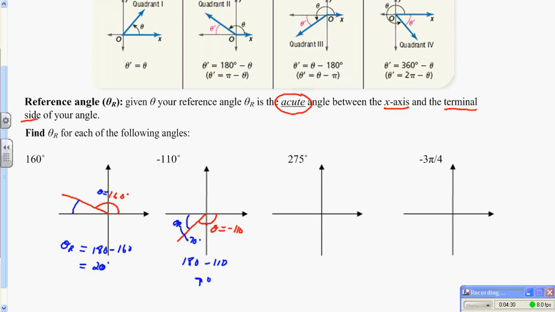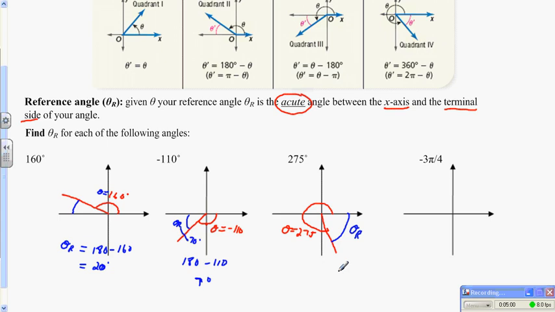Now 275 takes us past 90, past 180, past 270. So theta is 275. From the terminal side to the x-axis, this is theta r, or reference angle. And that's, again, what it would take to get to the x-axis.